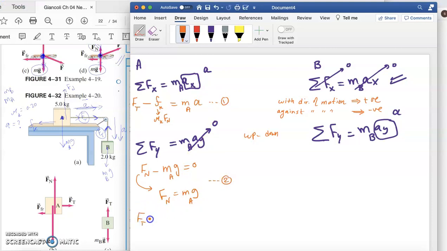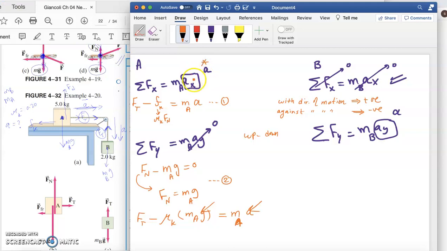Ft minus mu k times Fn, which is ma times g, is equal to ma times a. Pay attention here. This is g. This is a. At the right side of the equation is the acceleration of the system.